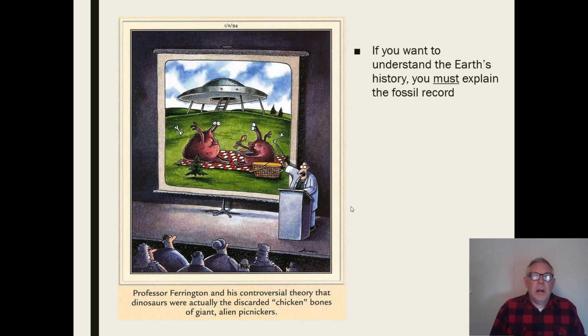And so the thing about the fossil record is, if you want to understand the Earth's history, you must explain the fossil record like this individual is doing. The fossil record is very well established. The fossil record, of course, is incomplete. Not all organisms fossilize. Not all parts of all organisms fossilize.